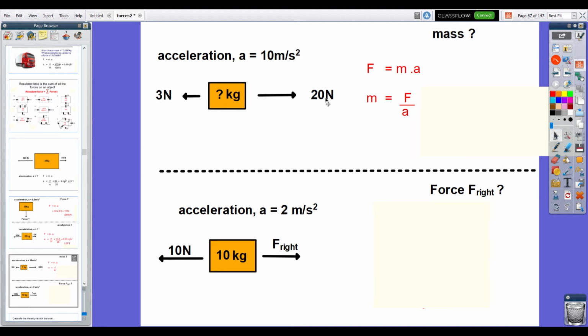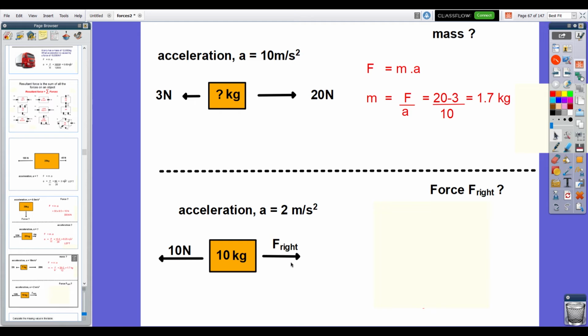We've got 20 to the right, 3 to the left, so 20 minus 3, divided by the acceleration, which is 10. That's 17 divided by 10. So the mass of this must be 1.7 kilograms. And what's the direction? There is no direction because mass is not a vector. Mass is a scalar.